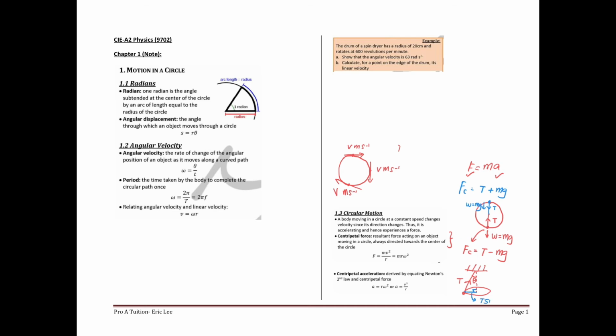This is T sine theta then. If you are wondering whether we should consider the weight over here, as you can see, weight acts downwards, which is 90 degrees from the blue color force here. So it contributes no value to the centripetal force. So because of that, the centripetal force is equal to T sine theta for this case.